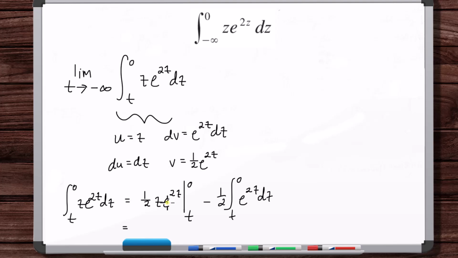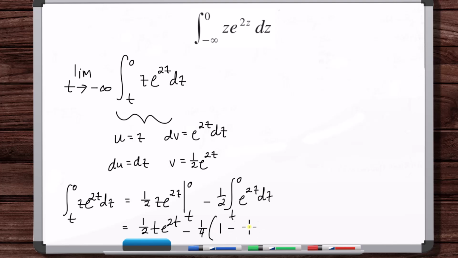Okay, so plugging in 0, this just goes to 0, then plugging in t. And then the integral of e to the 2z is 1/2 e to the 2z. So now we've got e to the 2z evaluated from t to 0.